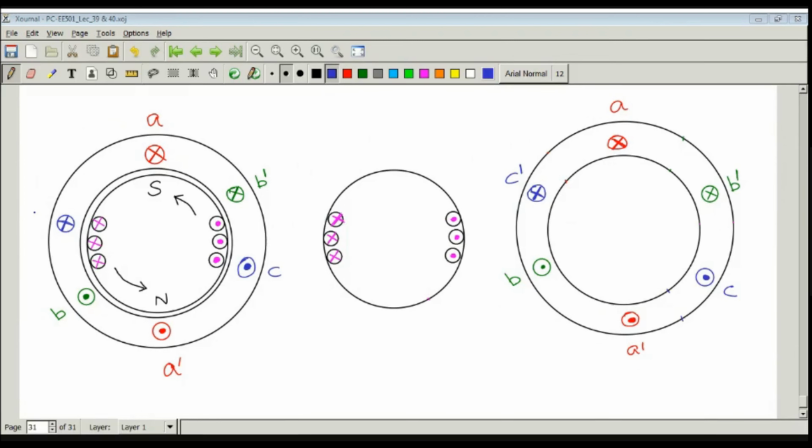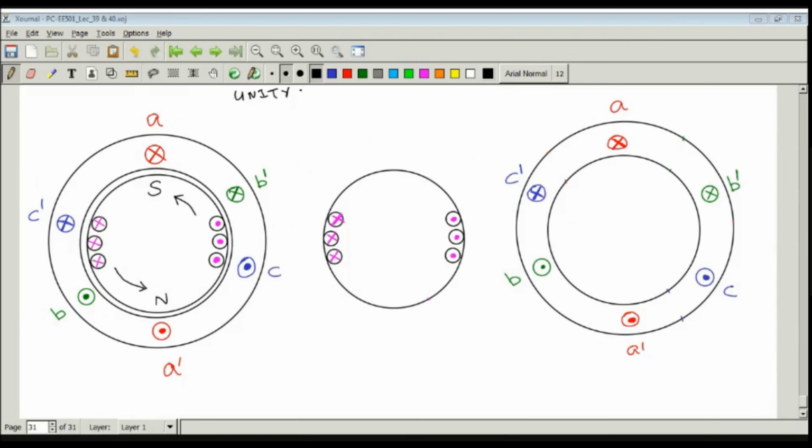These were the three coils AA dash belonging to phase A, BB dash belonging to phase B, CC dash belonging to phase C. We are considering a unity power factor load. Let me mention here: armature current, unity power factor load is considered for synchronous generator. Let me write it.